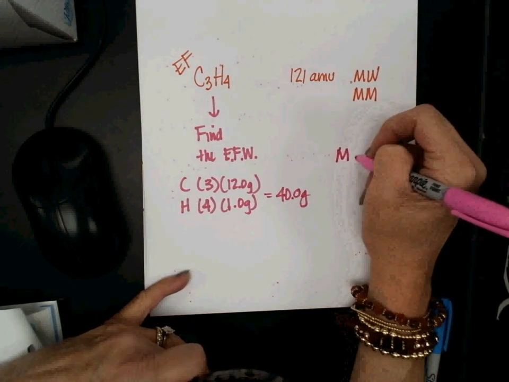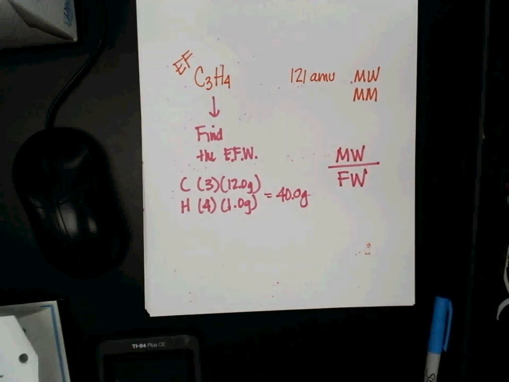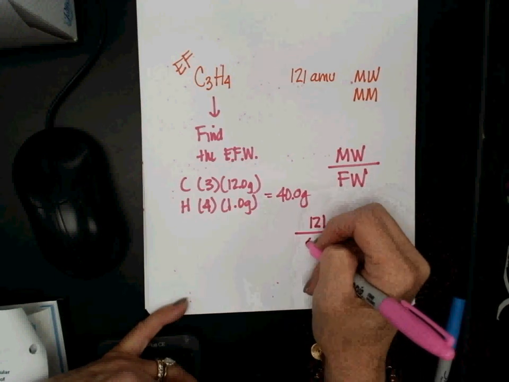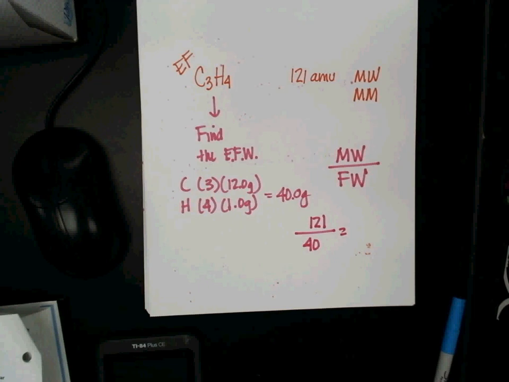These are the easiest ones. What am I going to do now? I'm going to take my molecular weight and I'm going to divide it by my formula weight. So I had 121 divided by 40, which should give me about what?